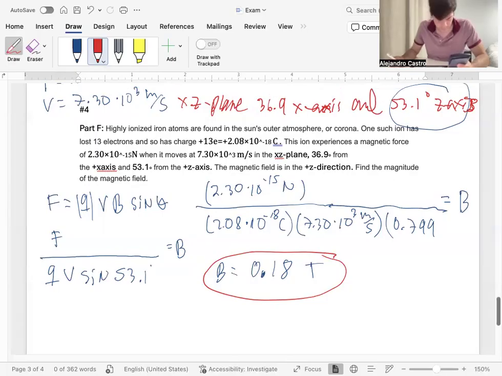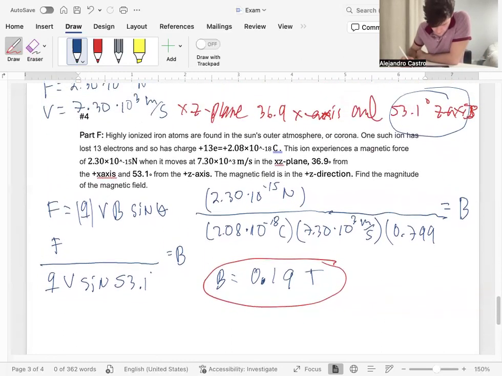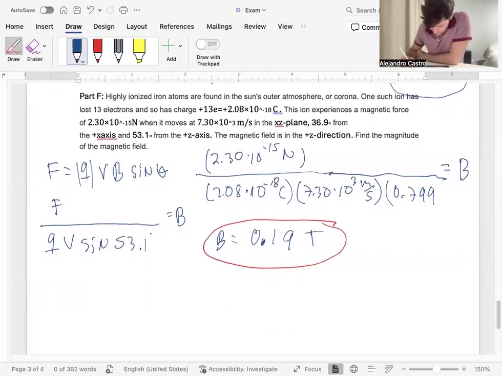Yes, it will be roughly 0.80. Okay, and that will be part F.